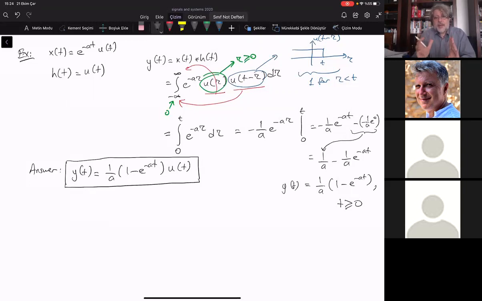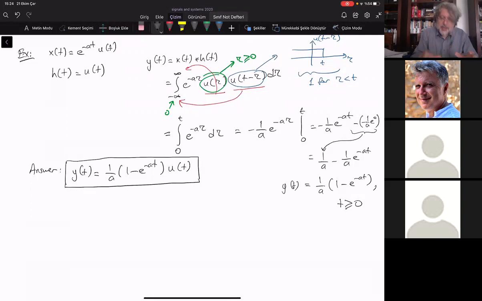But as you say, if h of t would start a little bit from the left, or if it is completely left-hand sided, then the convolution may be negative, of course, because it's essentially from minus infinity to plus infinity.